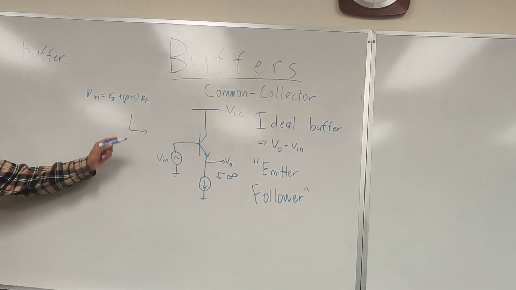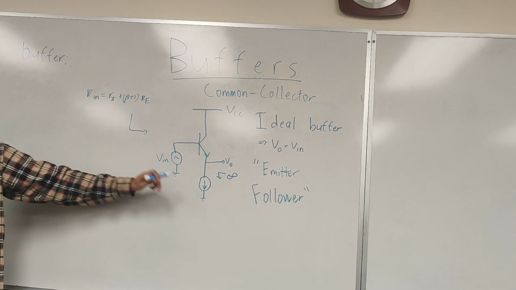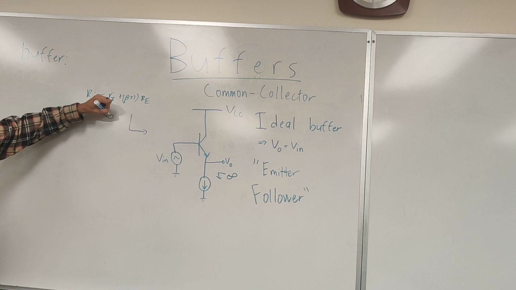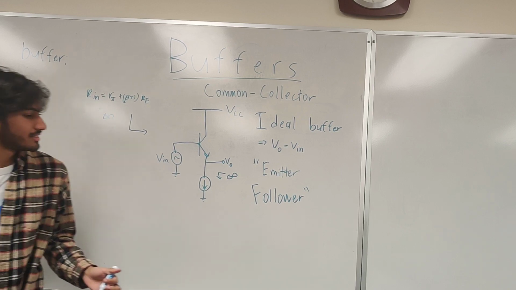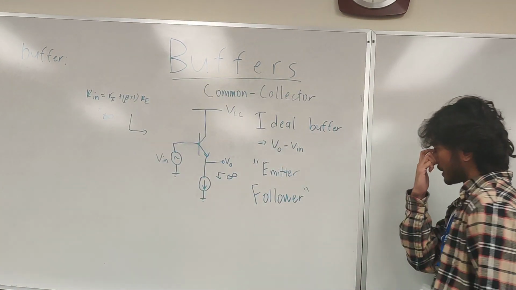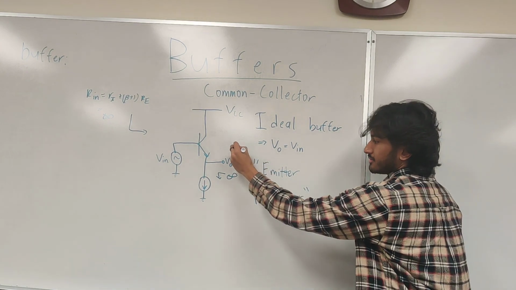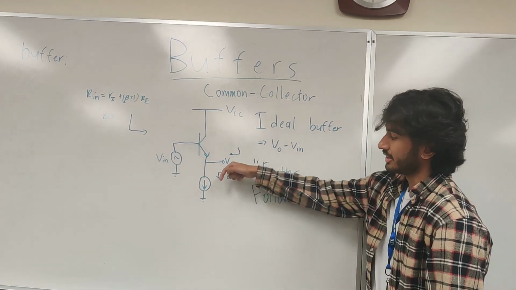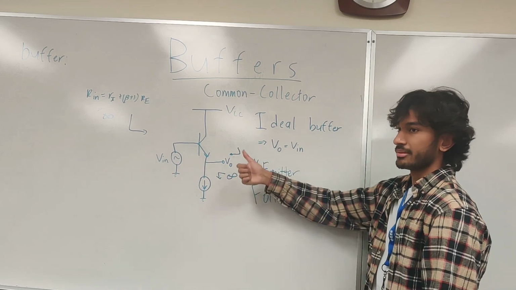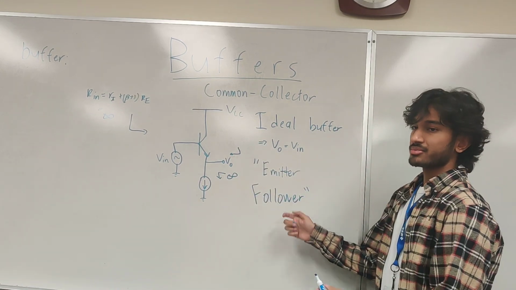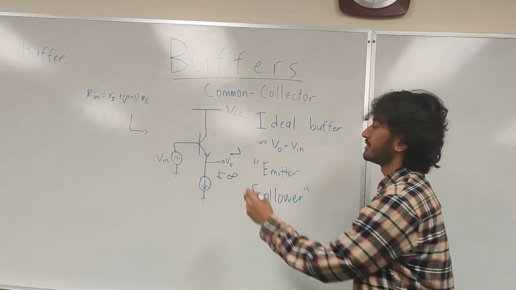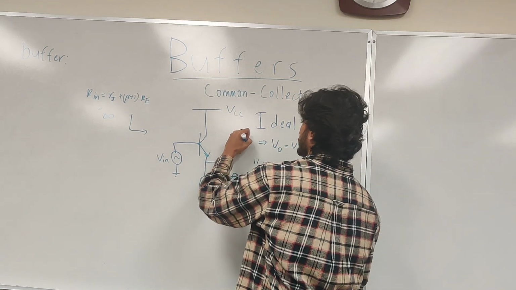So our RE, which is this thing here, is infinity, an infinite input resistance, right? And now, go back over here. Now if you look at our output, looking in, right, we're just going to see infinity in parallel with 1 over GM, right? So 1 over GM is going to be smaller than infinity, so we're just going to see 1 over GM.